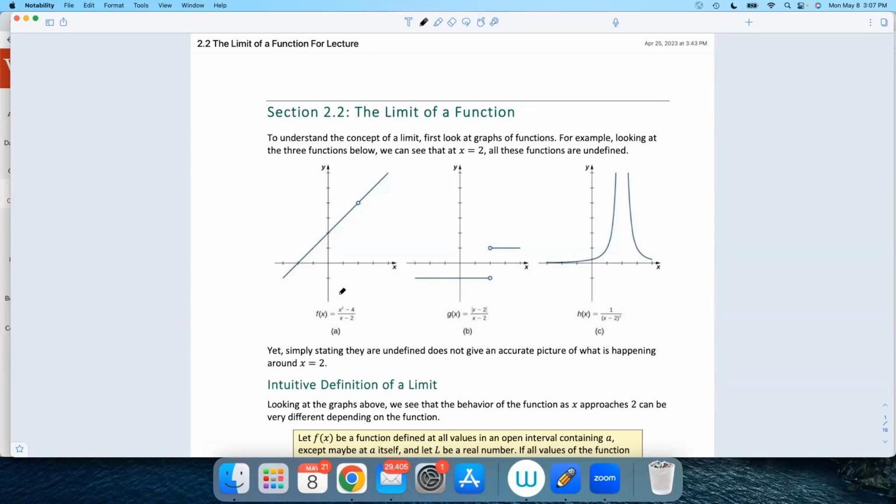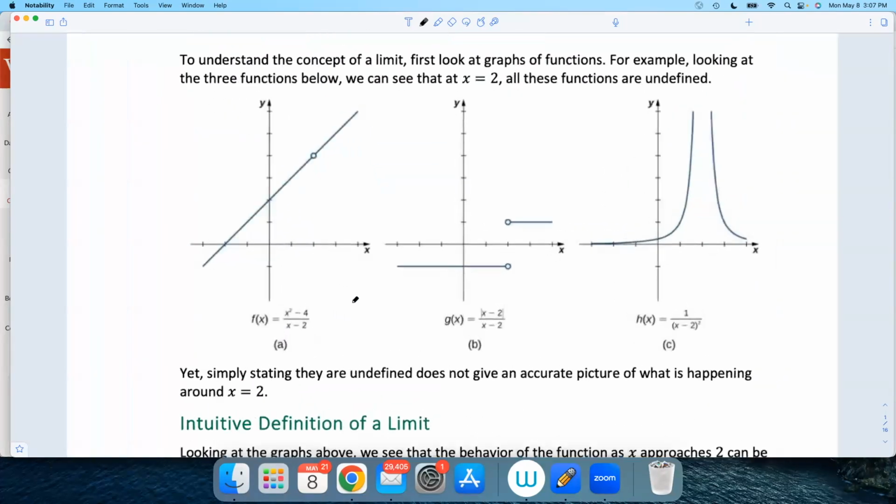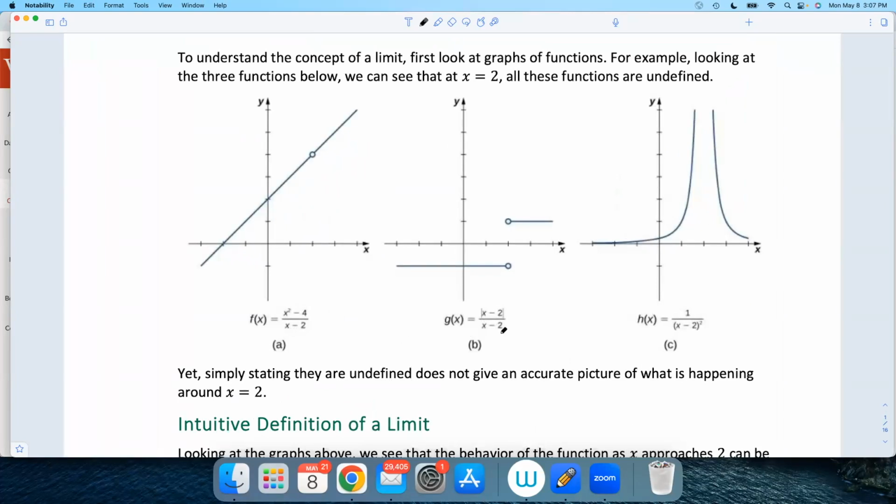So we've got these three different functions here. All three of these are undefined at x equals 2. If you plug in x equals 2, if you evaluate f of 2, here you'll get 0 over 0. That's undefined. You can't have 0 in the denominator. Here you also get 0 over 0.